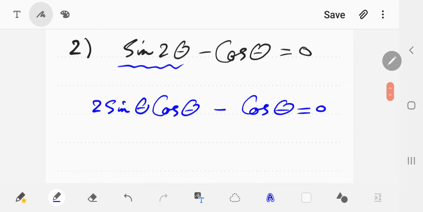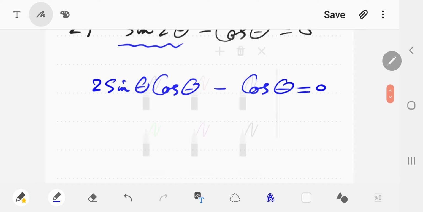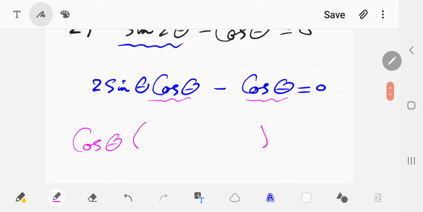Well, this is not quadratic, so I'm not going to think of it the same way as I did with the first example. But what do we notice here? These are two terms, one term and second term. In both terms we have cosine as a common factor, so I can take cosine theta as a common factor. What's left? In this side 2 sine theta minus cosine divided by cosine, that's 1, so equal 0.